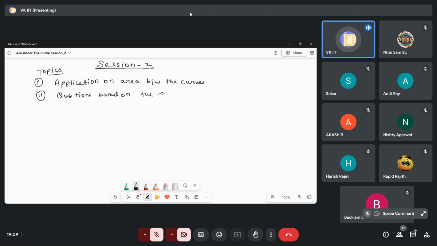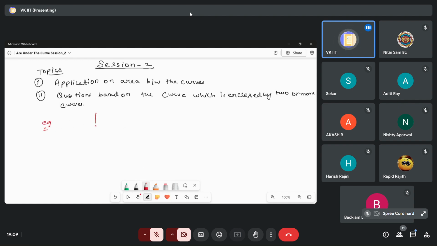So questions based on the area, question based on the curve which is enclosed by two or more curves. Okay, like parabola is given at the same time, circle is also given, line is also given, and then they are asking that. I can give you the example.